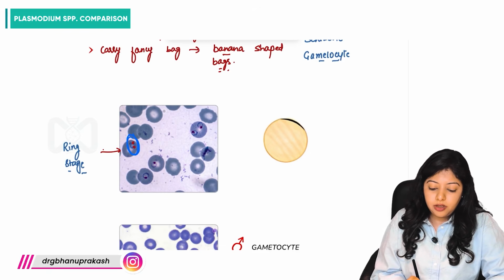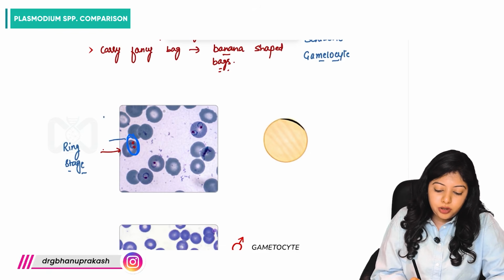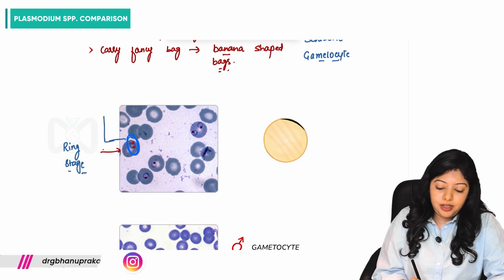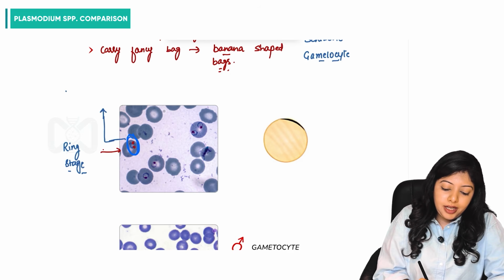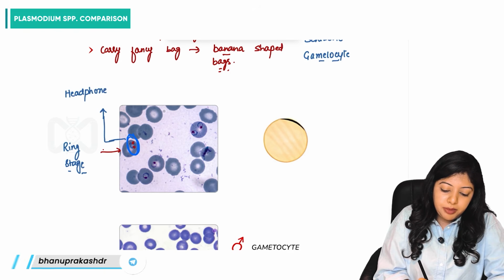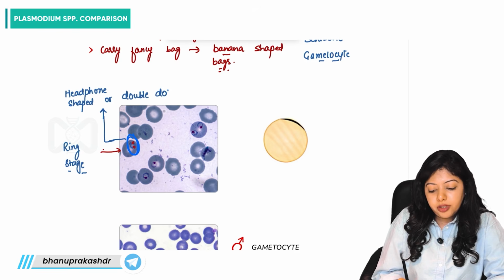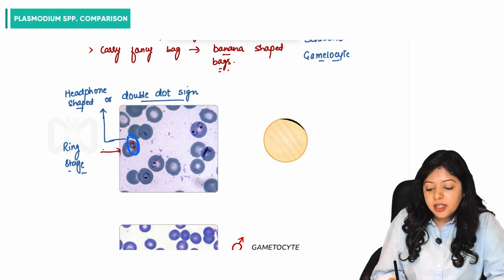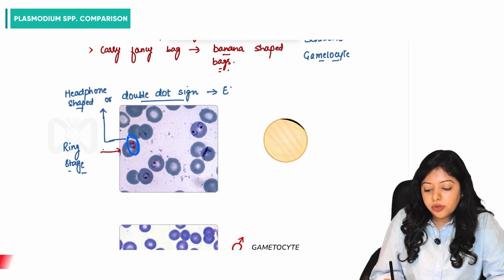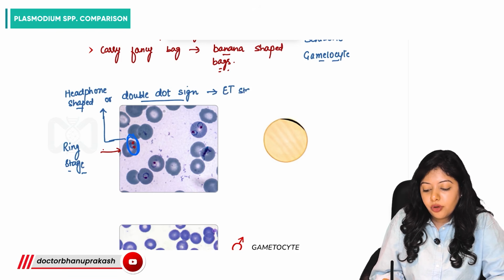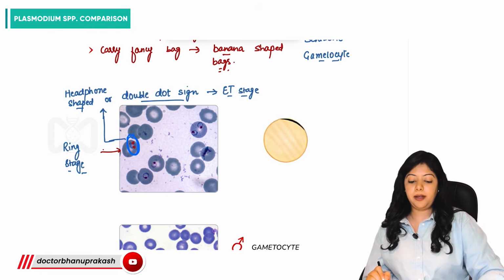So this gives your one-liner answer: headphone shaped or double dot sign seen in the early trophozoite stage of Plasmodium falciparum.